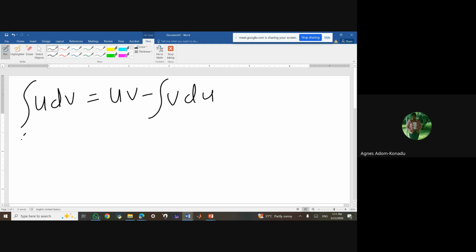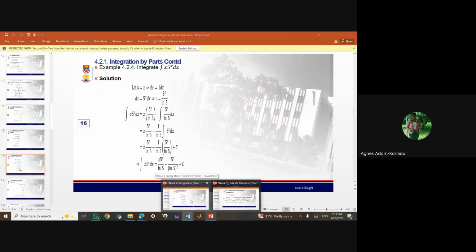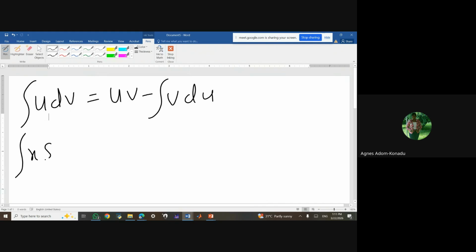Now the question given is the integral of x 5 to the power x dx. So that's what we want to do.